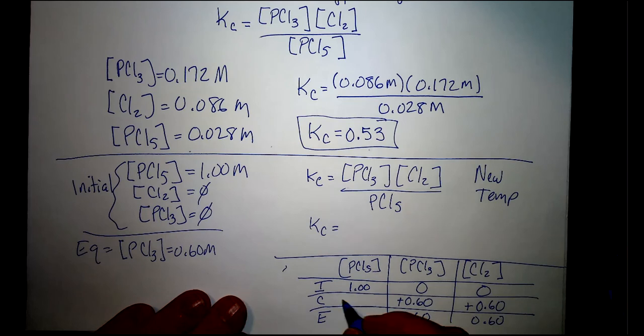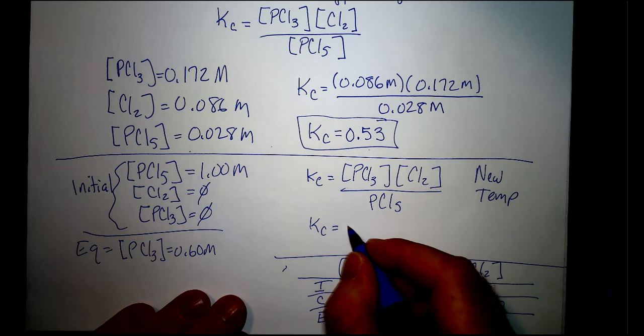But in this case, it's a reactant, so we're going to lose that 0.60. Reactants, if products are gaining, reactants are losing to get to equilibrium. So we'd have 0.40.